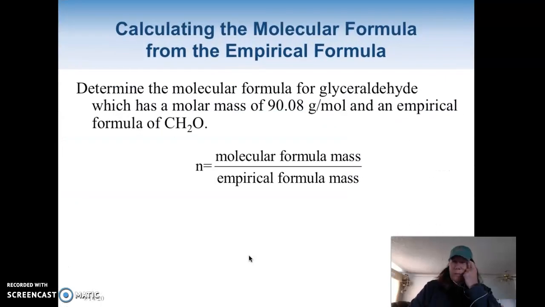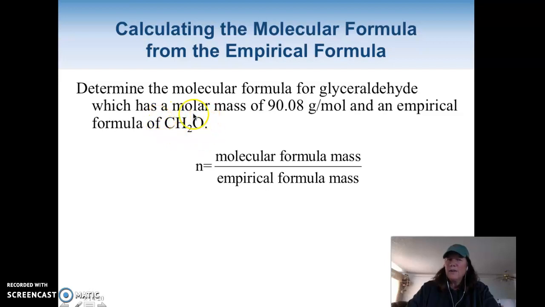Okay, so determine the molecular formula for glyceraldehyde. Its molecular mass is 90, and its empirical formula is CH2O. Well, first thing I'm going to do is find the mass of this. Carbon is 12, hydrogen is 1 times 2, so it's 2, so we got 14 there, plus oxygen 16.